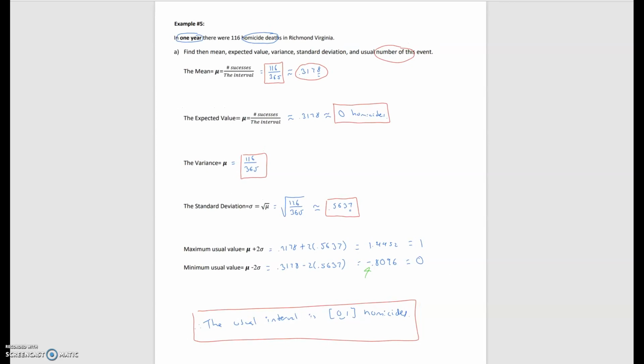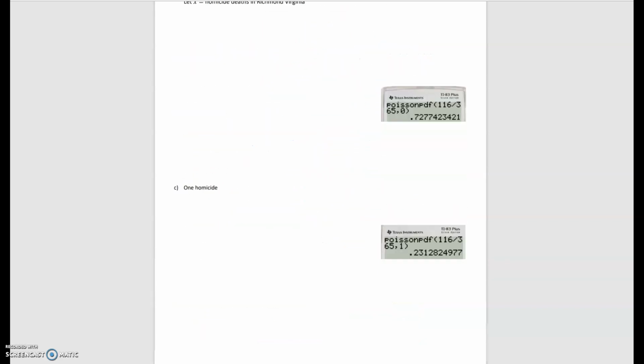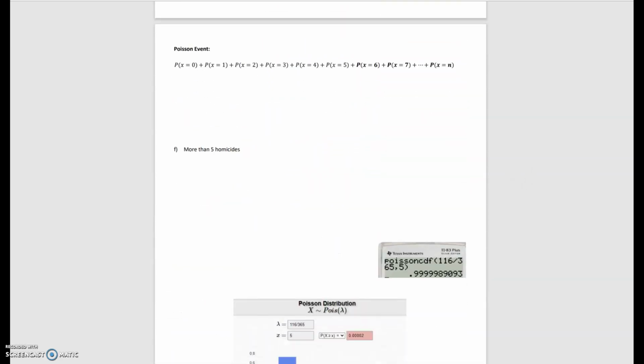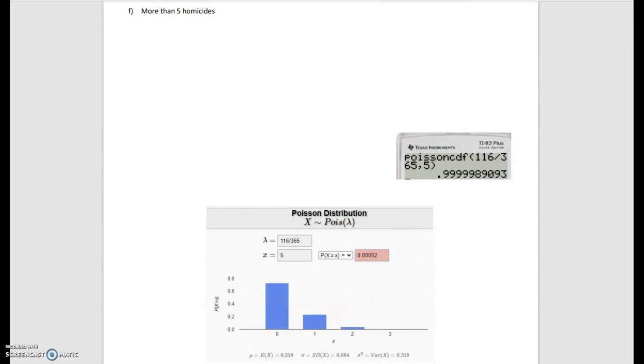And let me actually show you what the picture of this event looks like. I added this on the end, and you can see here that the usual value is technically the maximum that is showing up. As the possible homicides increase, the probability of those is going to be 0.